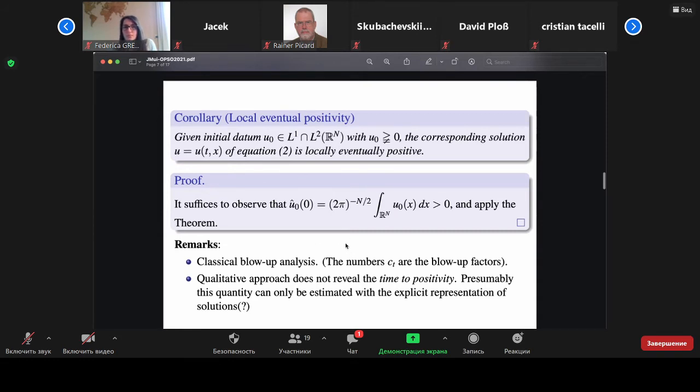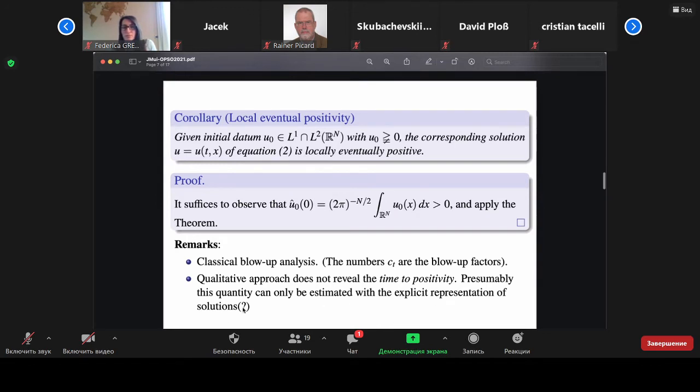so locally constant. So of course, one drawback that I should mention is that this approach does not reveal the time to positivity, which is quite an interesting thing that Gazzola, Grunau, and the other authors that I mentioned were able to obtain. But I presume that this can only be estimated if you have very good knowledge of the explicit formula for the kernel.